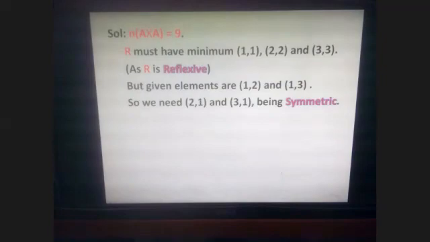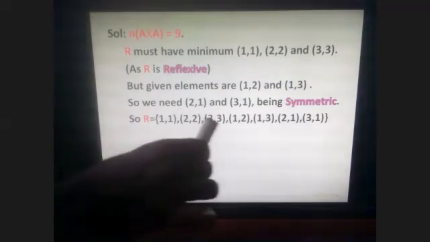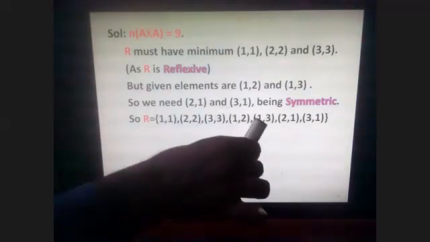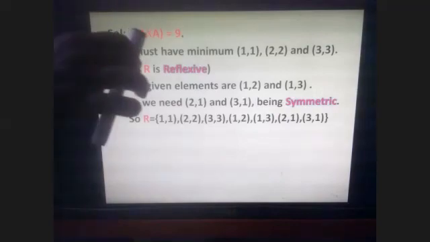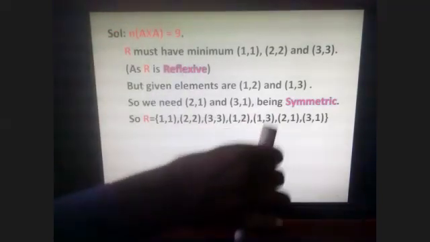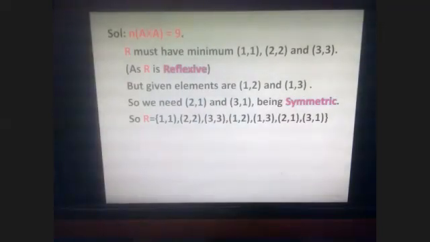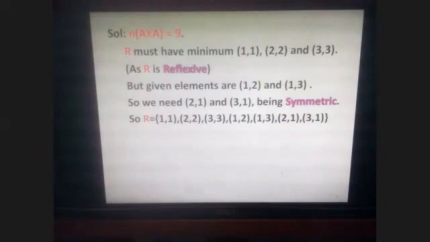So now let us try to list according to the minimum requirement. As it is reflexive, I need (1, 1), (2, 2), (3, 3). I need (1, 2) and (1, 3). So I need (2, 1) and (3, 1). Well, you know, the number of elements in A cross A is 9. Here I listed 7 elements. I want the number of relations which are reflexive, symmetric, but not transitive. Is it transitive? Can any of you answer?